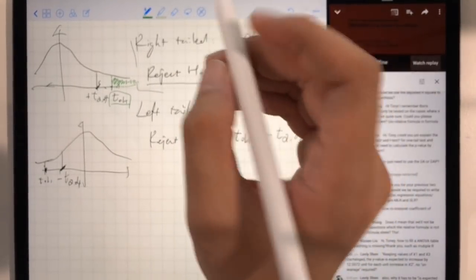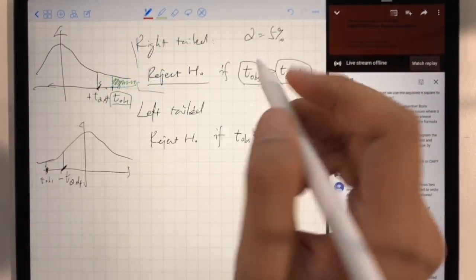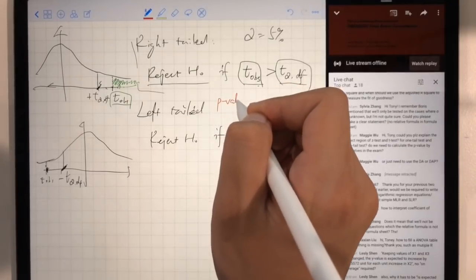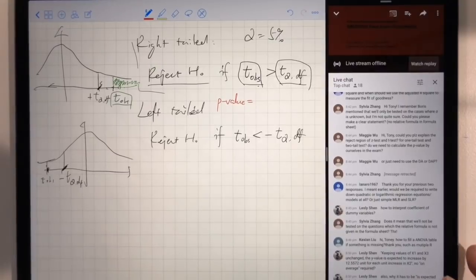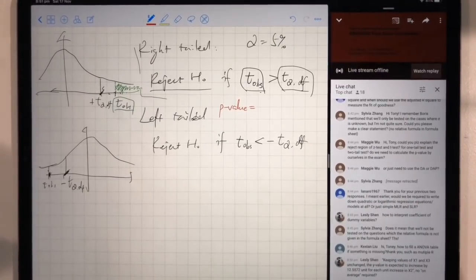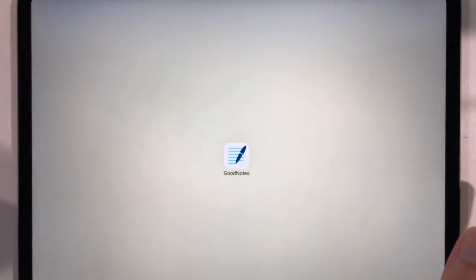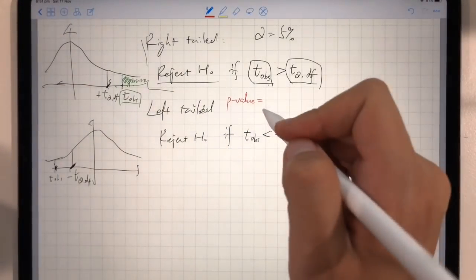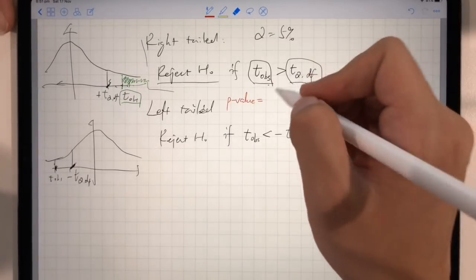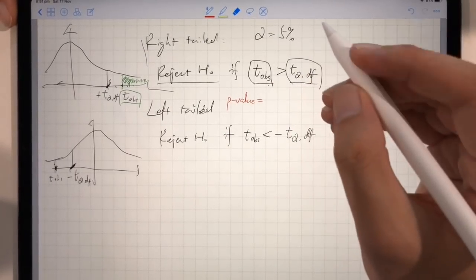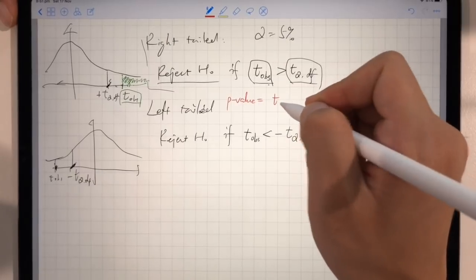So the p-value is calculated by your Excel code, right? So it's T dot what?